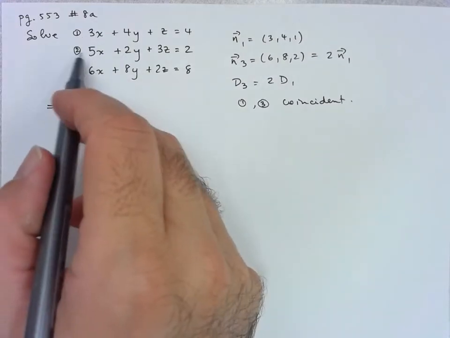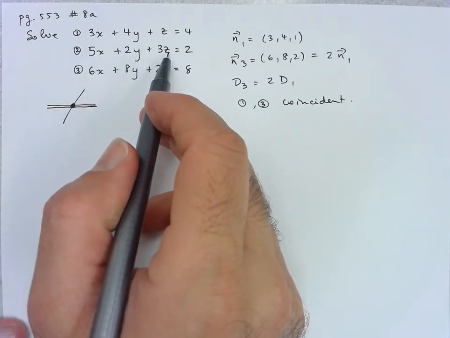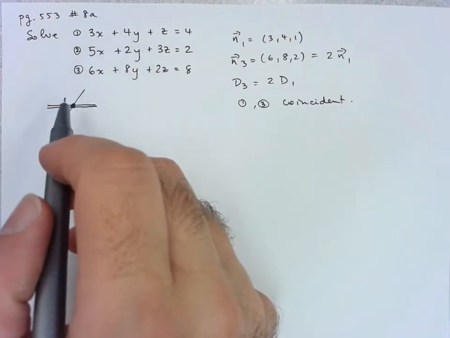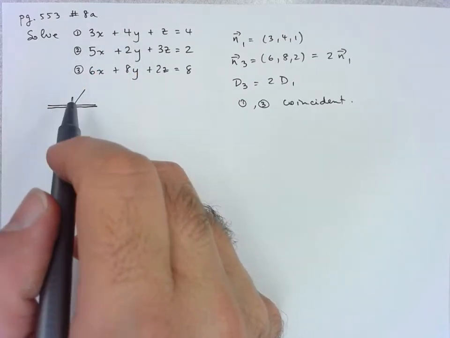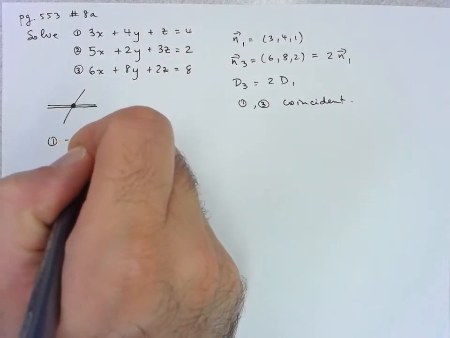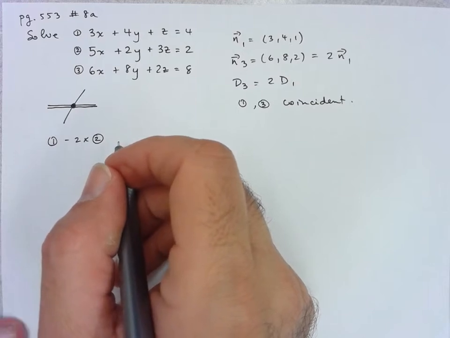Here I need to eliminate one of my variables. Eliminating the y's looks like it works, so I'm going to do equation 1 minus 2 times equation 2. Let's see what we have.